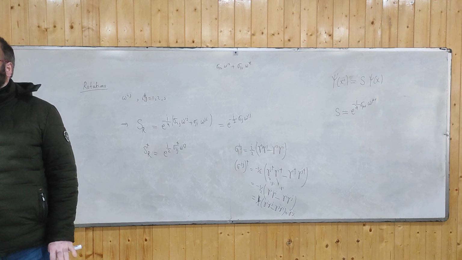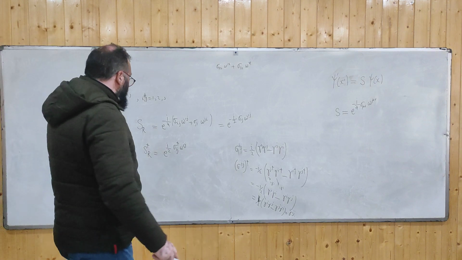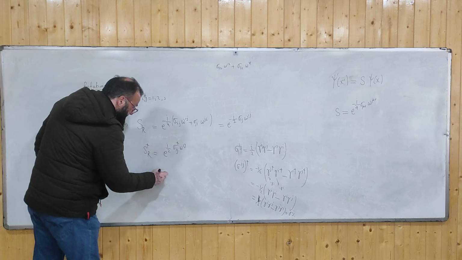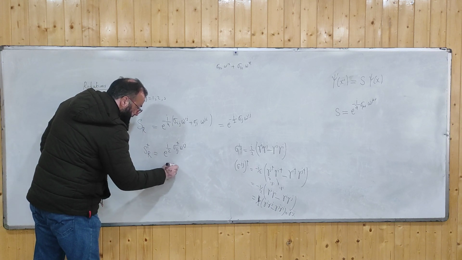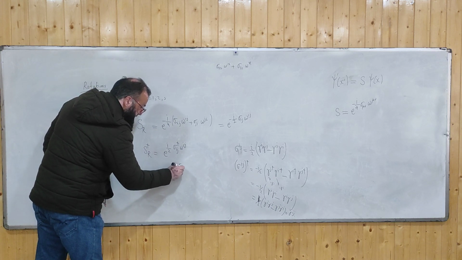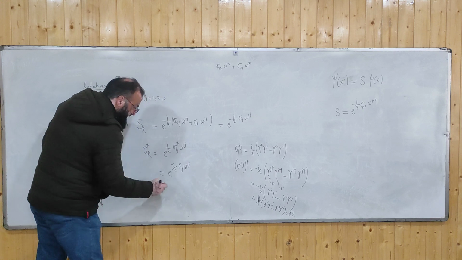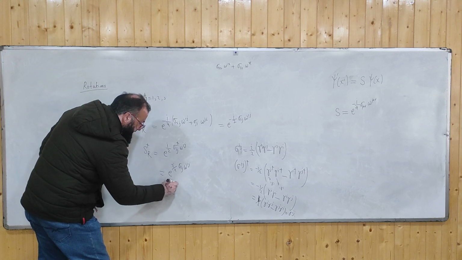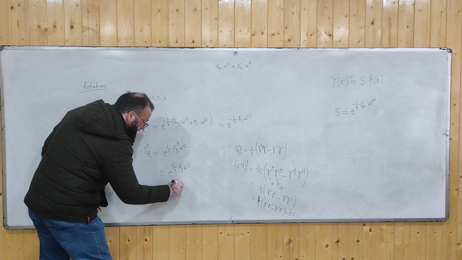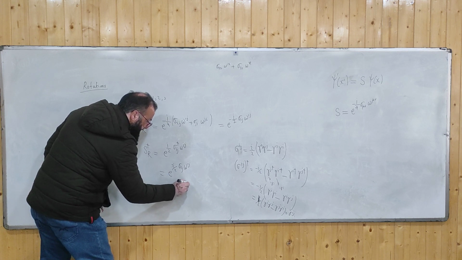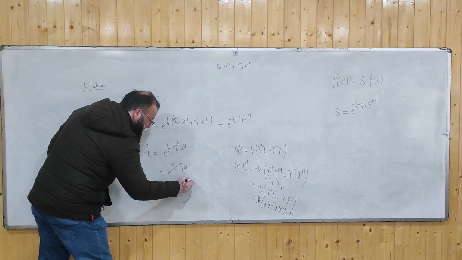Okay? Got it? Therefore I can write this object as e raised to the power i by 2 sigma ij omega ij. Can I write it in this fashion? e raised to the power minus i by 2 sigma ij omega ij, raised to the power minus 1.